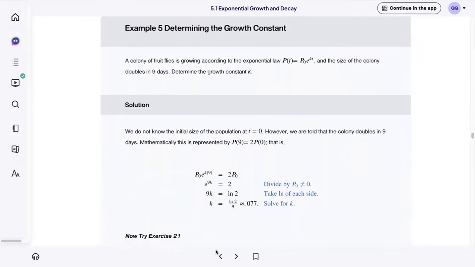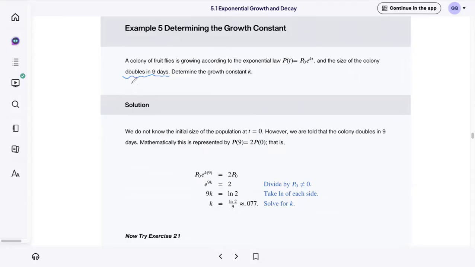Let's see this one. So again, this is given by the exponential function, the standard model. The size of the colony doubles in 9 days. Doubles in 9 days. What does it mean?